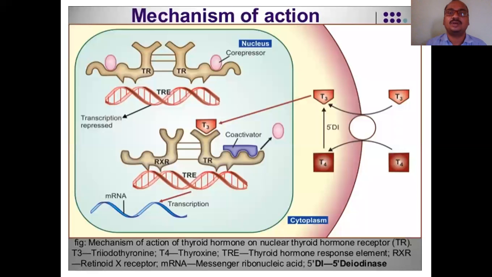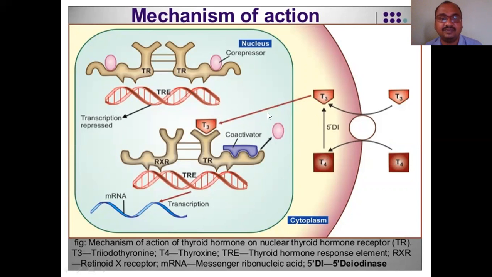And this is the mechanism of action. You can remember TR, this is very important. You know mRNA, tRNA, all you know very well. Transcription will be there, it works on the gene and produces proteins.